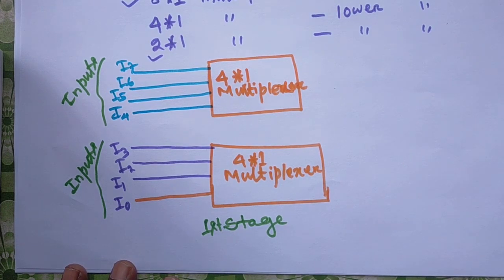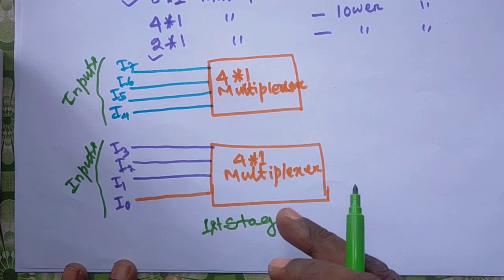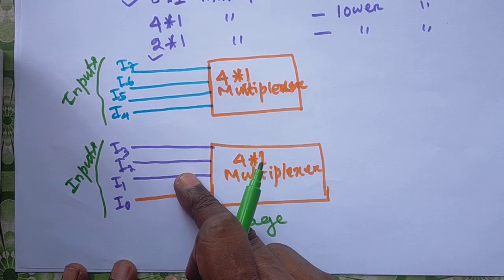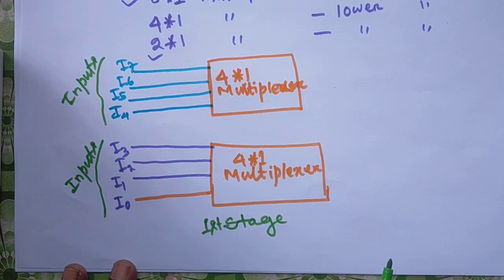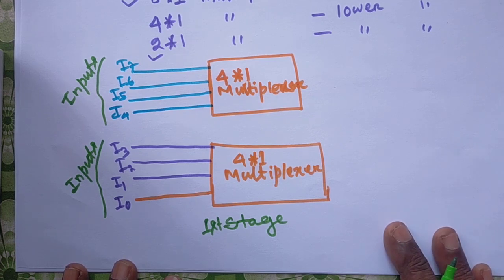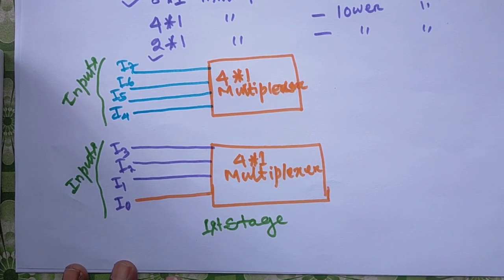But who will select these inputs for the corresponding multiplexer? As I have already discussed, whenever we go through a multiplexer, we have to consider selectors. Those selectors decide which inputs are provided to the multiplexers.